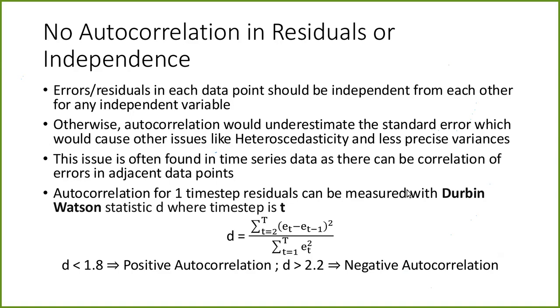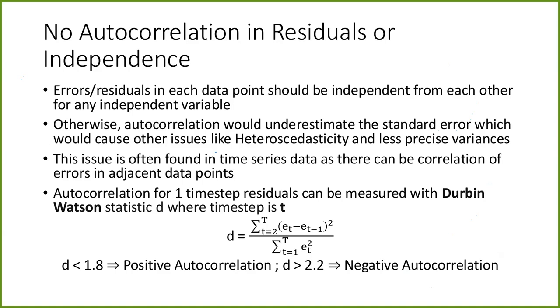Autocorrelation means we are checking whether these x values are correlated with its own x values. For example, if x1 is an independent variable, you are checking whether all the values of x1 are correlated with the other x1 values, right?